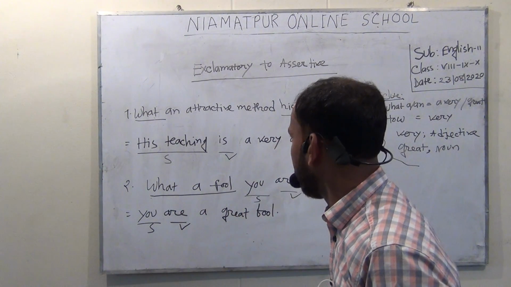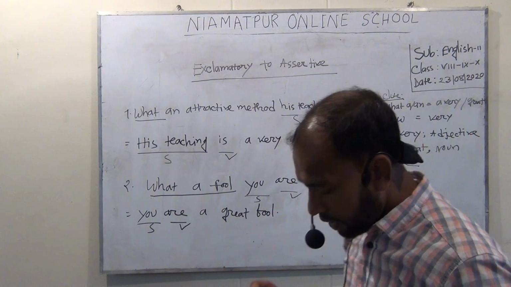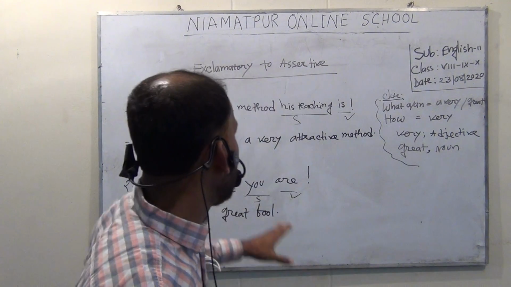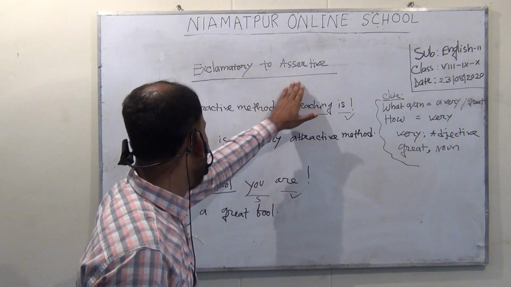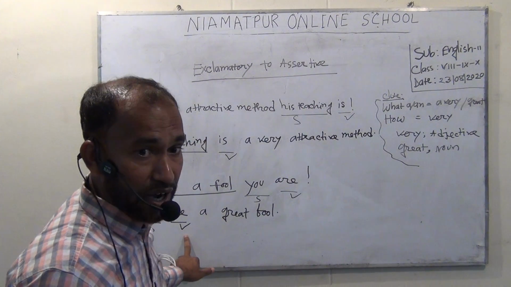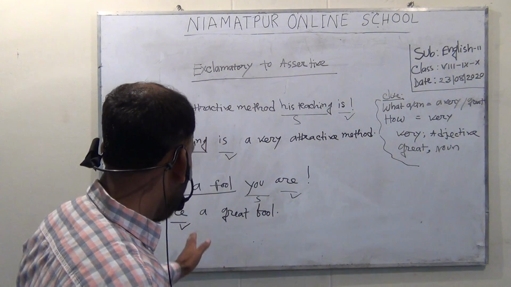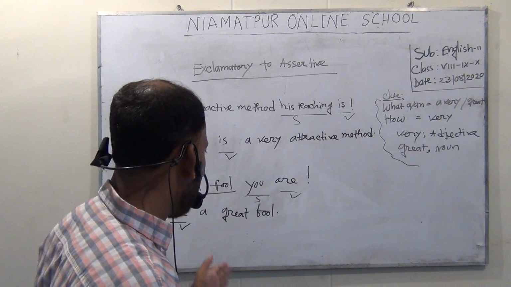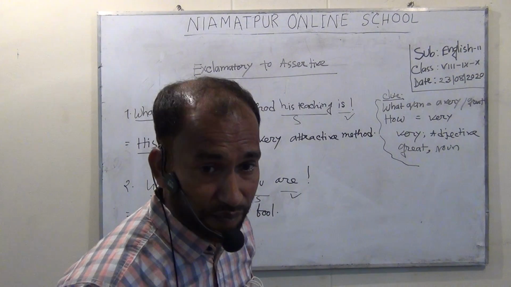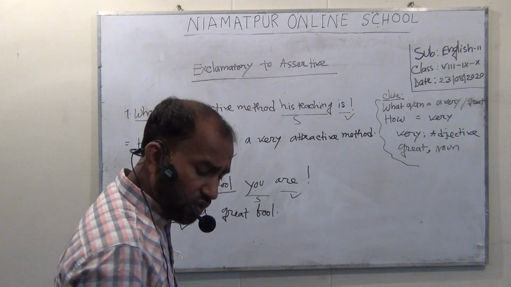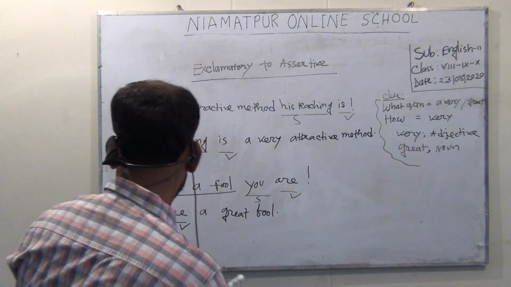On the other hand, when we change the sentence from exclamatory to assertive, subject and verb come at the beginning, and the other part will be at the end after the verb. So we can use another example.